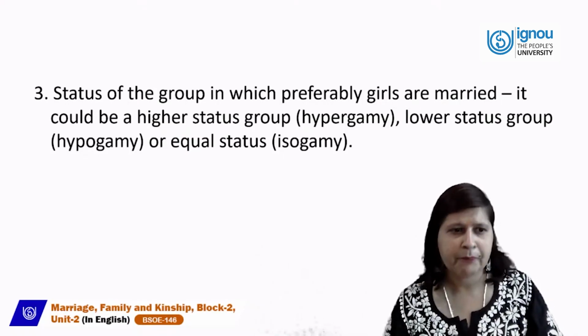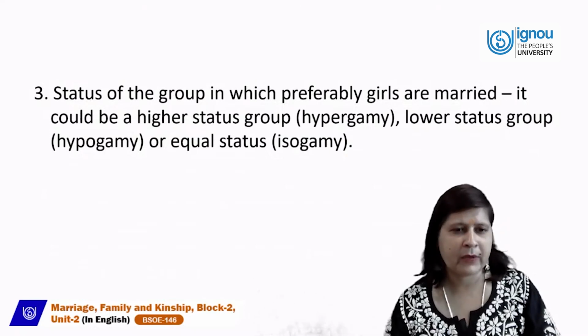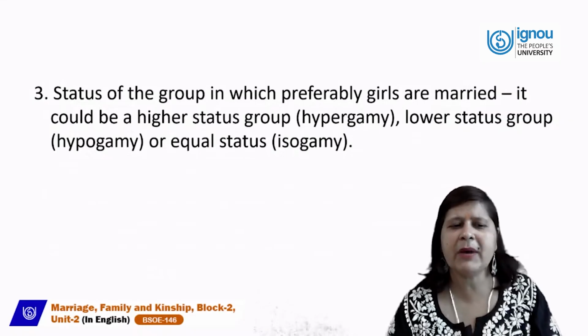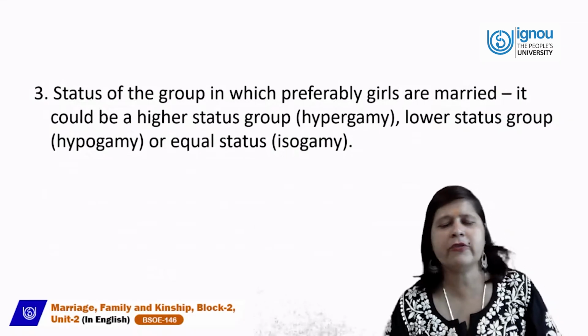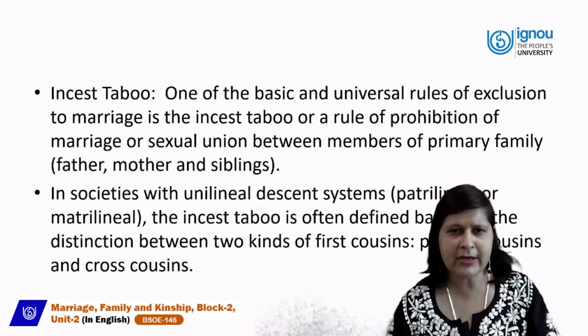So there are three rules basically: on the basis of the inclusion or exclusion of the partner, the number of partners, and the status of group in which preferably girls are married, right?